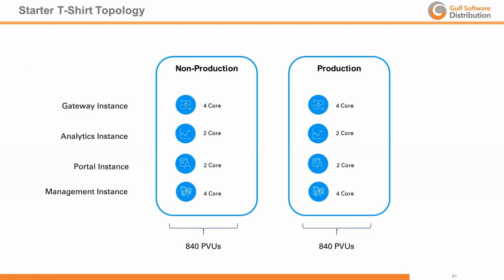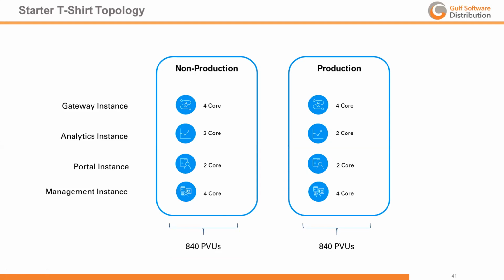This is in terms of the minimum number of cores required. There are 4 components in an API Connect product. One is the gateway, which requires 4 cores, and there is an analytics instance which requires 2 cores. There is a developer portal which requires 2 cores for licensing, and there is a management instance that requires 4 cores.